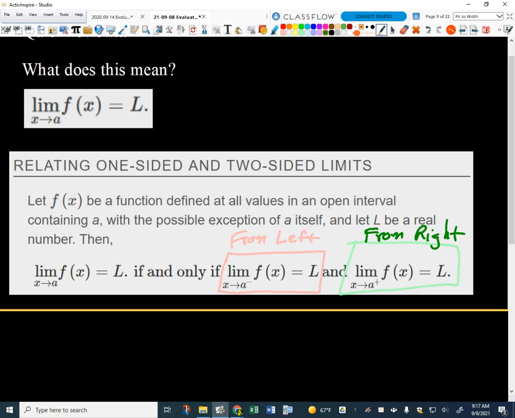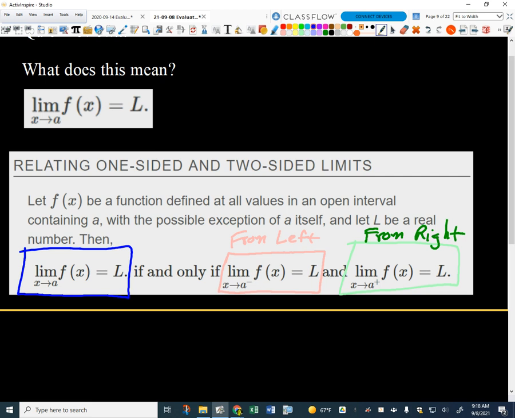So we can add this extension to our understanding of limits, and we can now say that this original limit, which we could technically call a two-sided limit, can only make sense and exist if both of the one-sided limits exist and agree. If they both have the same value from the left and the right, if they anticipate stepping on a certain value, call it L, then it makes sense for us to define a limit there.